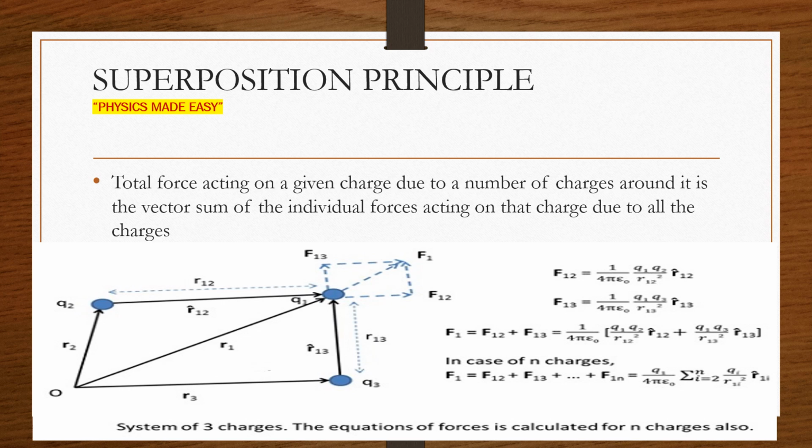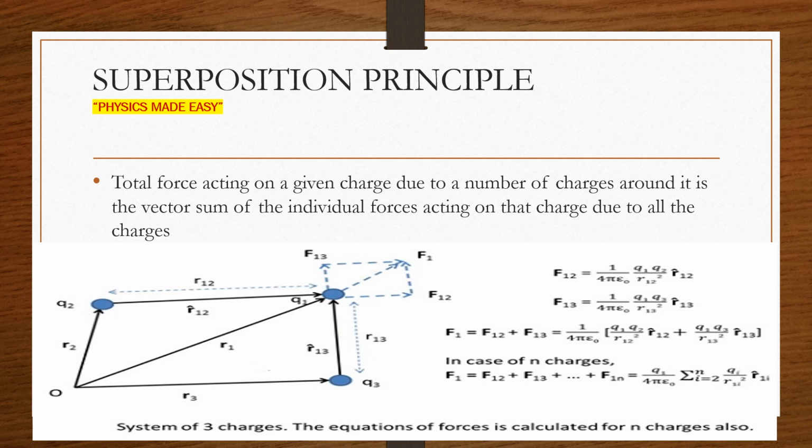So we can apply Coulomb's law and find the result for the force F12, which is equal to 1 upon 4 pi epsilon naught. Coulomb's law is the rule for a system of two charges, not more than two. So F12 is the force acting on the charge Q1 due to Q2.